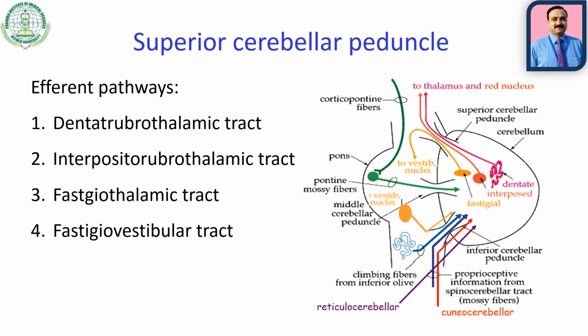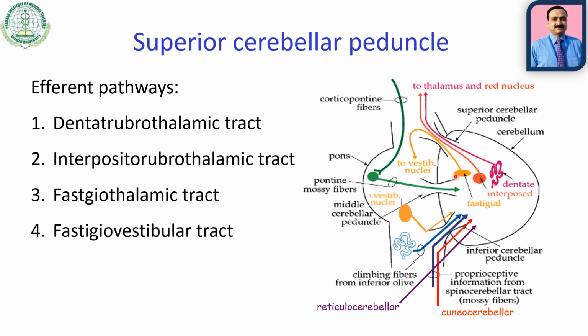Then the interposito-rubrothalamic tract. Here you can see globose and emboliformis together are called interpositus, and from interpositus the fibers go to the thalamus through the red nucleus. So that is the interposito-rubrothalamic tract.